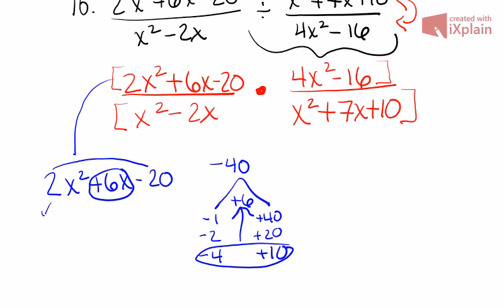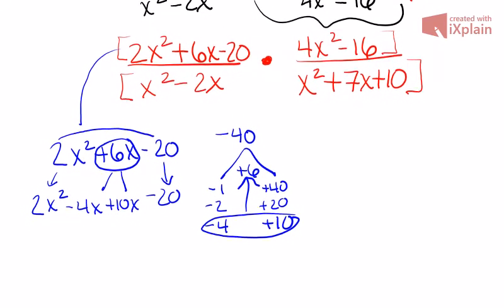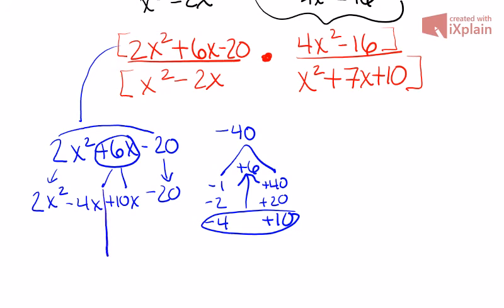So now we have 2x squared. This minus 20 stays over here. This 6x is going to change into minus 4x plus 10x. Your professor might have had you bring a GCF out first. I'd rather do it at the end. It's easier to see. So looking at this, both of these two divide by 2x.